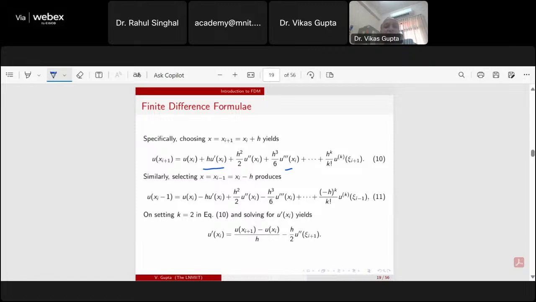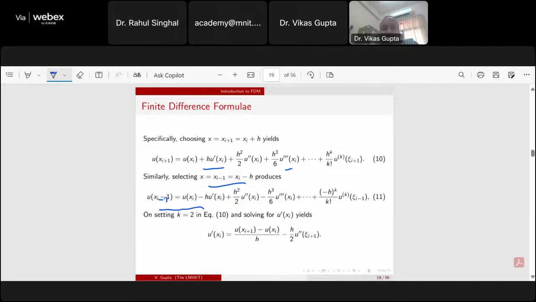Basically, the point x we replaced by x(i+1), which is equal to xi plus h. So x(i+1) minus xi will be equal to h. Similarly, if we select x equal to x(i-1), equal to xi minus h, it gives us this Taylor series expansion of u(x(i-1)).